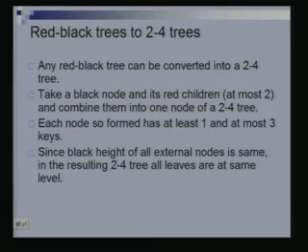Now, let us look at the correspondence between red black trees and 2,4 trees. In particular I am going to say that given any red black tree, I can convert it into a 2,4 tree. So what are we going to do? We are going to take a black node. How many red children will it have? Well, it is a binary tree, right.